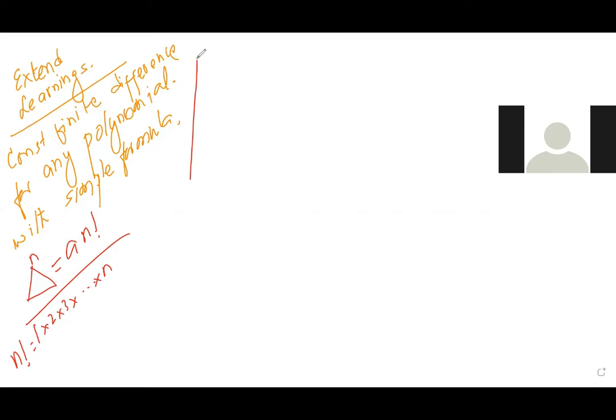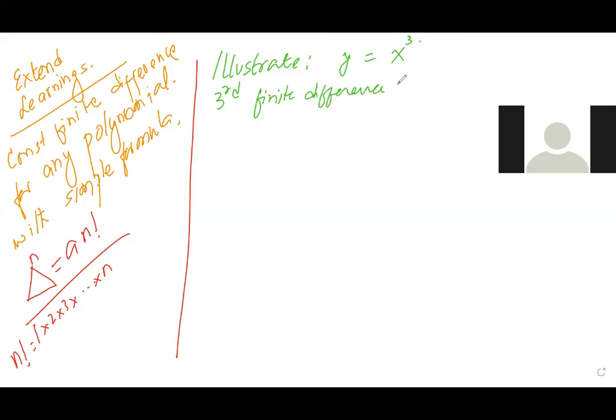So I'm going to illustrate this with a simple example. Let's take y equals x cubed, okay? So we know that the third finite difference is constant, right?